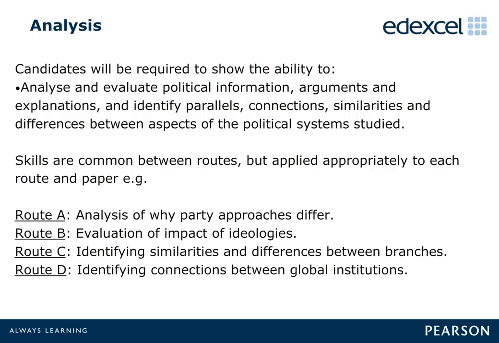I have again listed some examples here, and must again emphasize the need to consult the specification for more detail. Again, the level of analysis and evaluation required is equal across the different routes and papers. No route is easier or harder than any other, nor is Unit 4 harder than Unit 3.